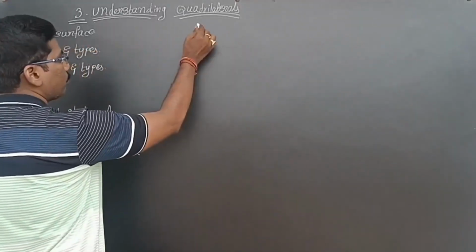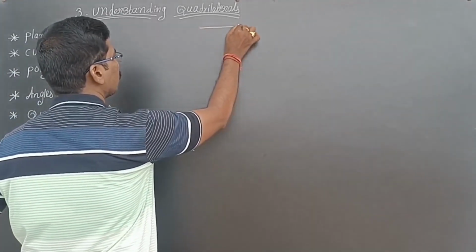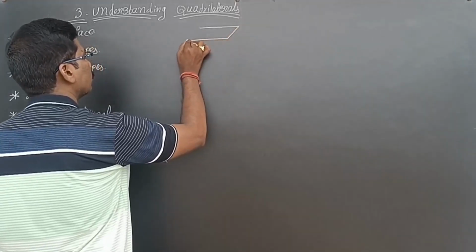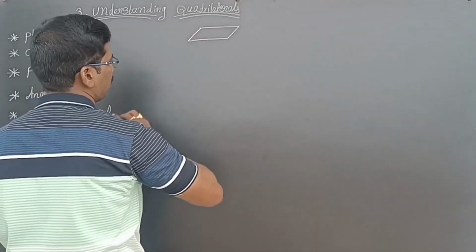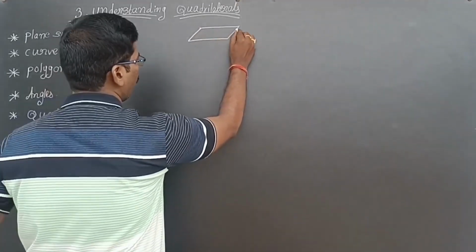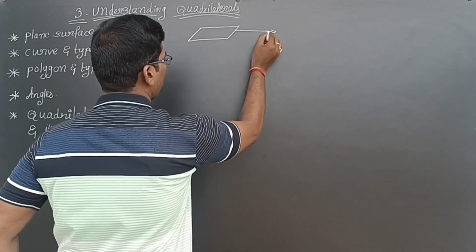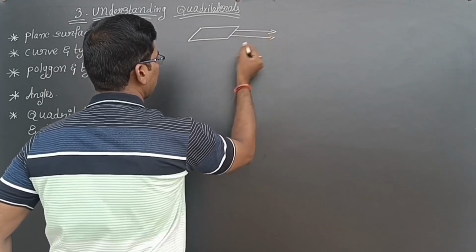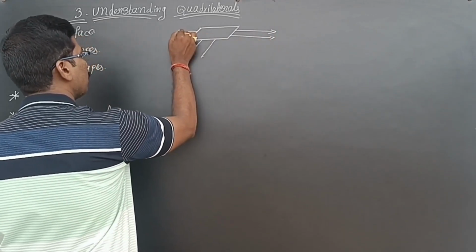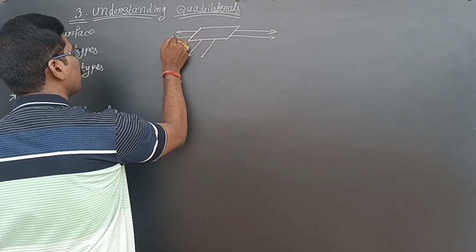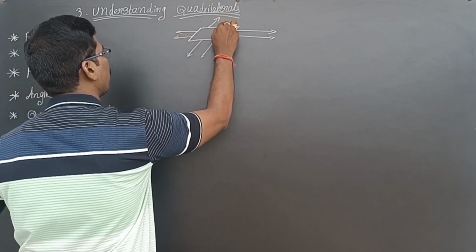For example, generally we represent a plane like this. This is a parallelogram, we know very well. This parallelogram is extending in this direction, in this direction, in this direction.